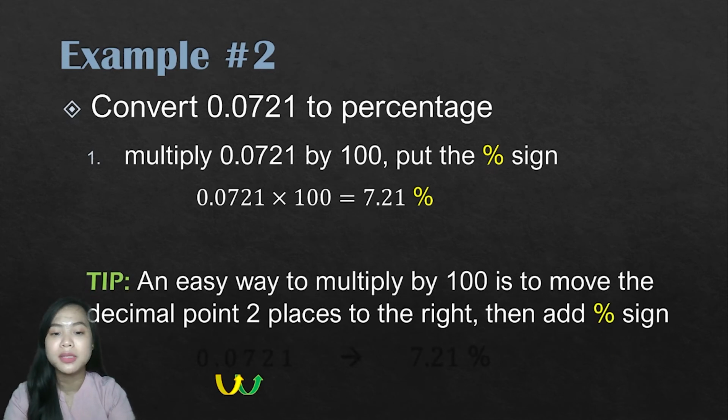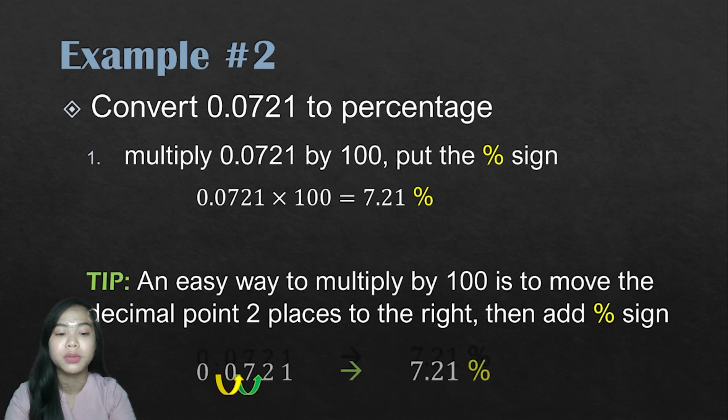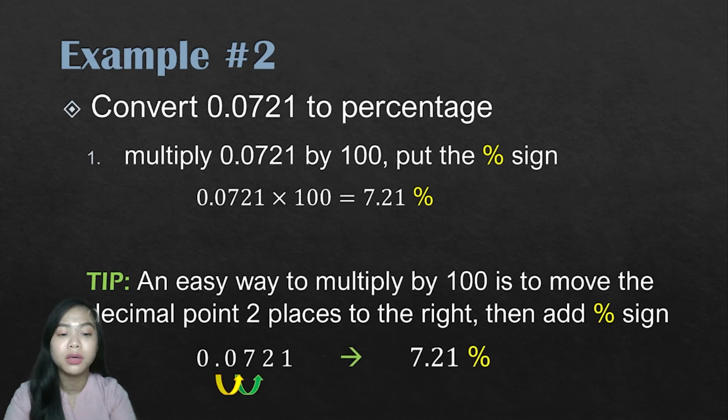Again, an easy way to multiply by 100 our given decimal form is to move the decimal point 2 places to the right. So we move it past the 0, then past 7, and we will have 7.21, and then add the percent sign, so we have 7.21%.